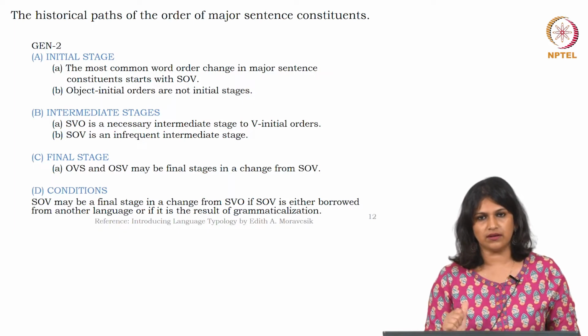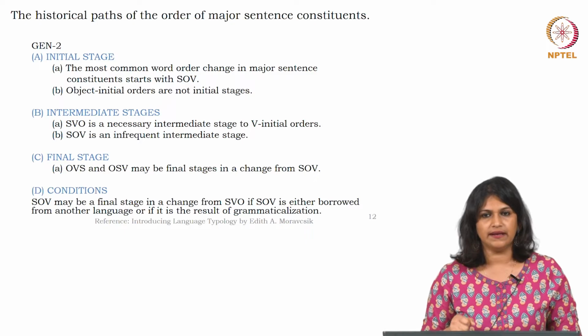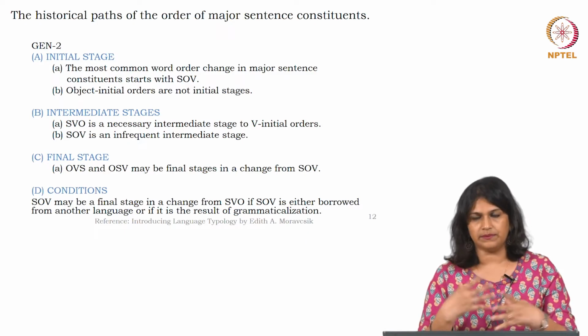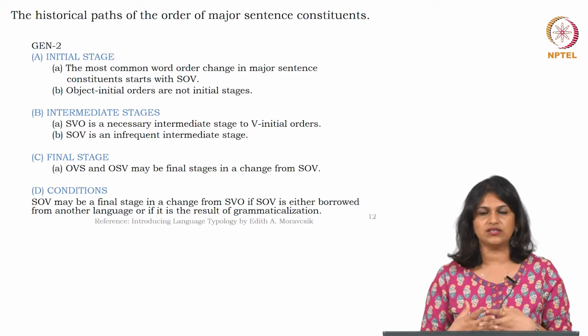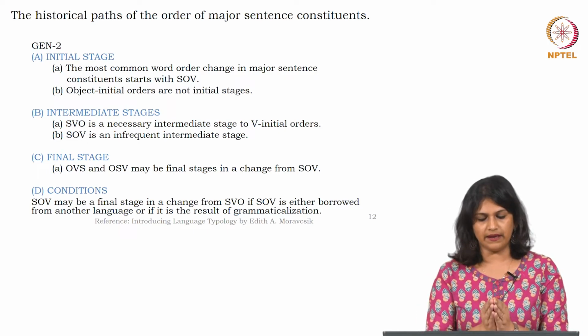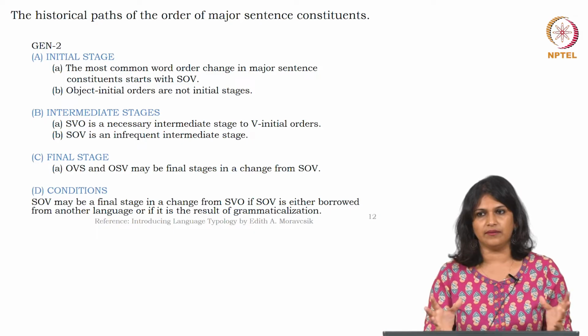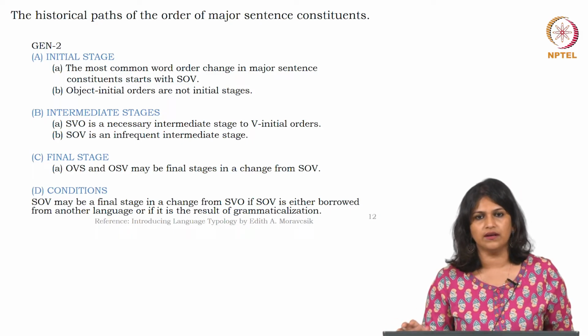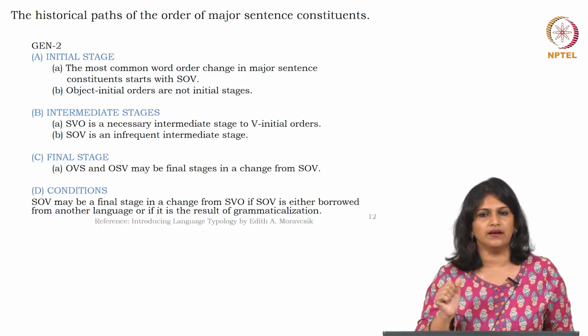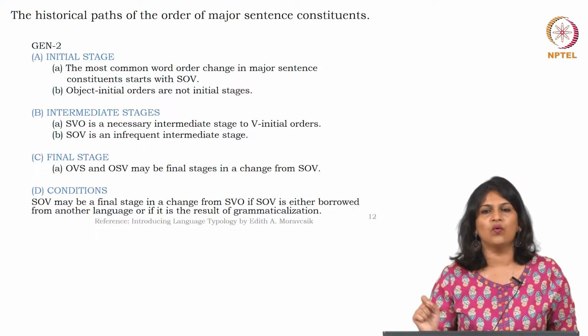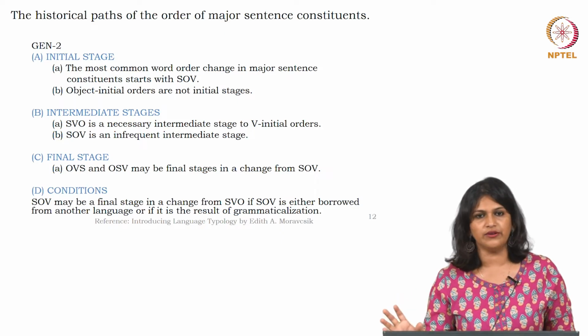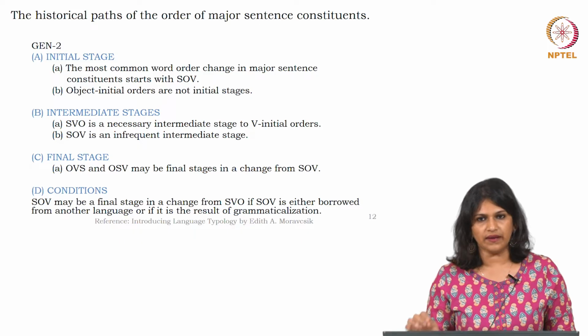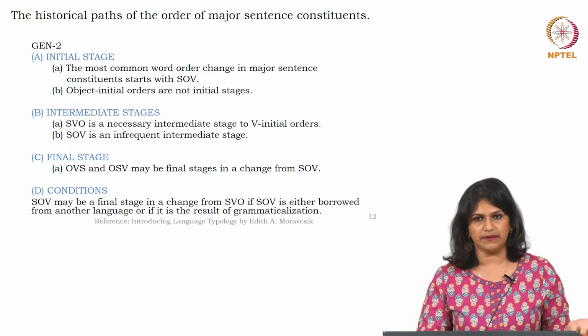So, the argument here is, let me put it this way: if you think about the initial stage, the beginning of this entire variation in word order might have started from SOV, right. So, the default word order is SOV, and then the rest might have been derived from it.